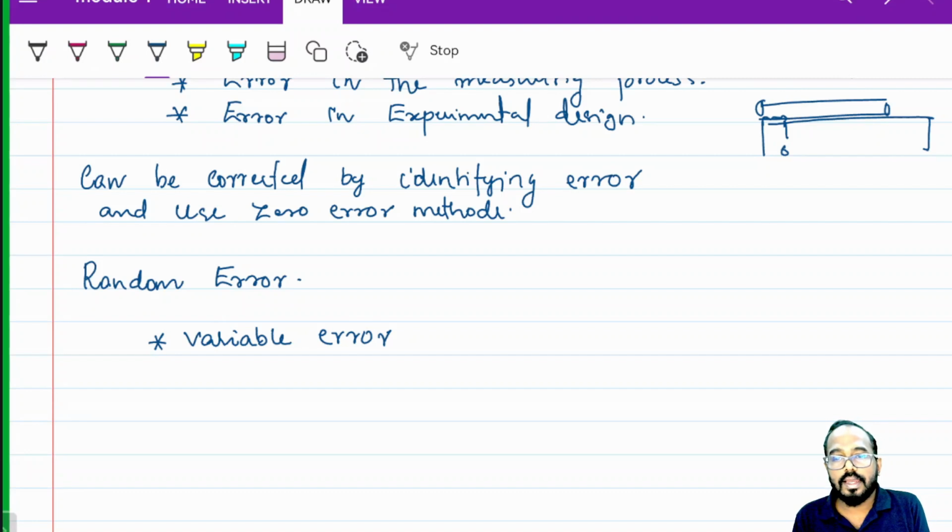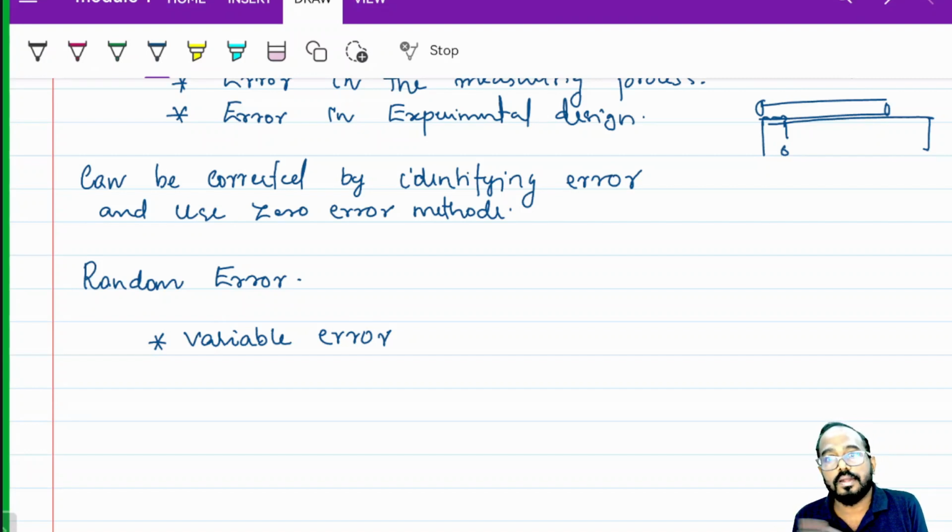Human error is unpredictable. For example, considering the previous example, the oscillation of the pendulum, where you are finding the time period, what is the procedure? You start the stopwatch and count the oscillations, 10 oscillations, take the total time, and divide it by 10, and you will get the time for one complete oscillation, right? So in that experiment, because of human error, instead of 10, you may count only 9.